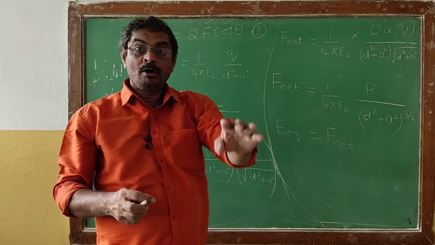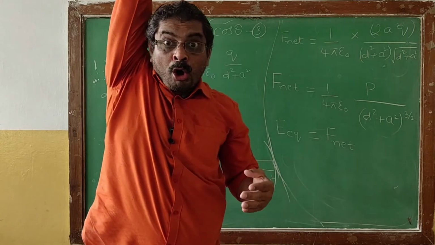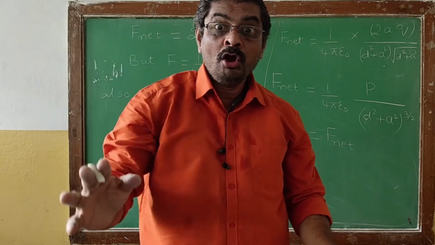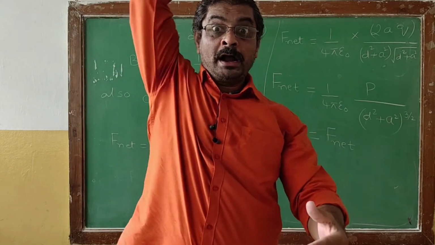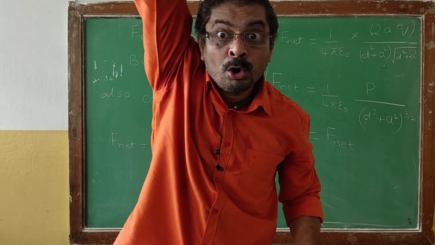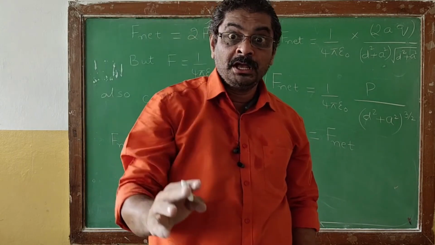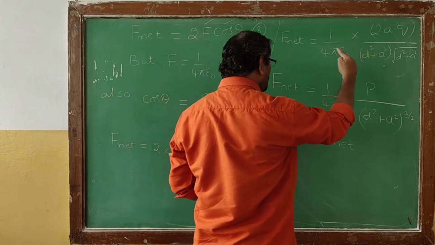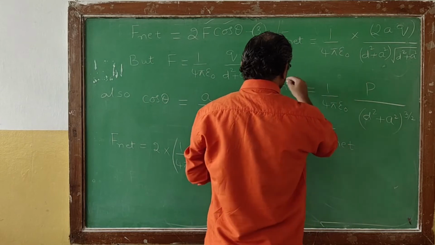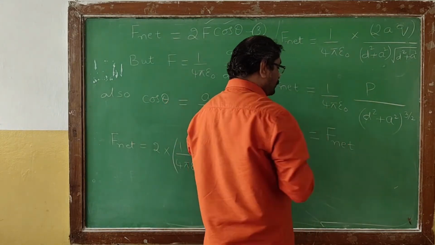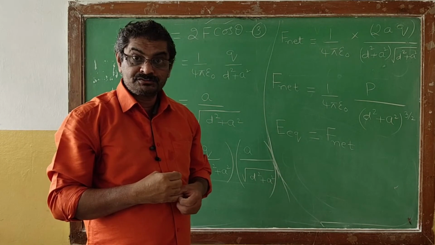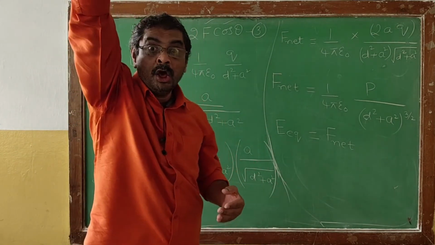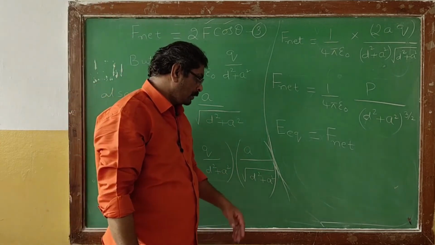Always remember, the electric field is defined as the net force experienced by the unit positive charge. So whatever net force is experienced by the unit positive charge is called the electric field on the equatorial line.